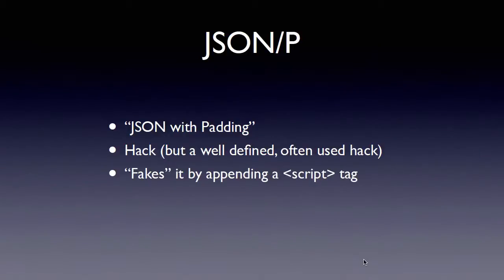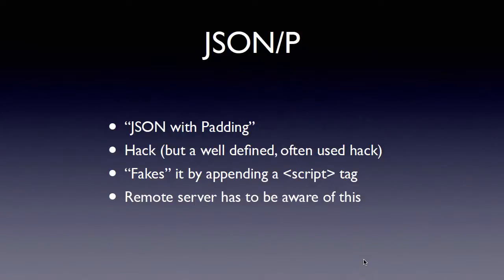Essentially, what it does is it adds a script tag to your DOM. Why? Because you're allowed to have a script tag that points to a remote URL. So JSON-P is essentially a way of faking a GET request to that remote data by doing it via a script tag. It's essentially a workaround for the block that's typically there.